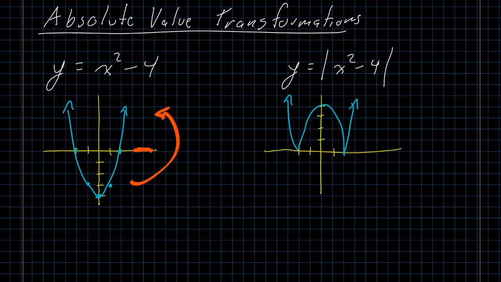Imagine that you drew this parabola on a piece of cellophane, a piece of transparent plastic, and then you folded that piece of plastic in half so you can see what is happening in the bottom half from the back, and you can see what is happening at the top half through the transparency. That is the transformation that we made here. That's the way I think about an absolute value transformation.